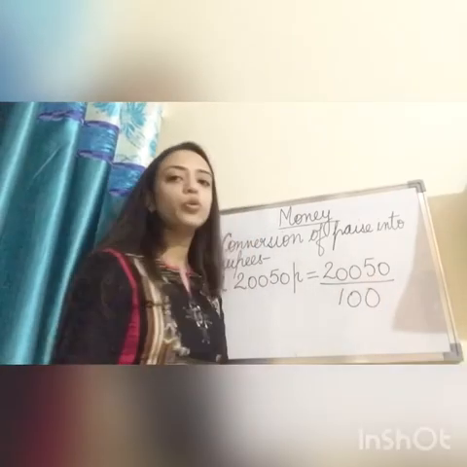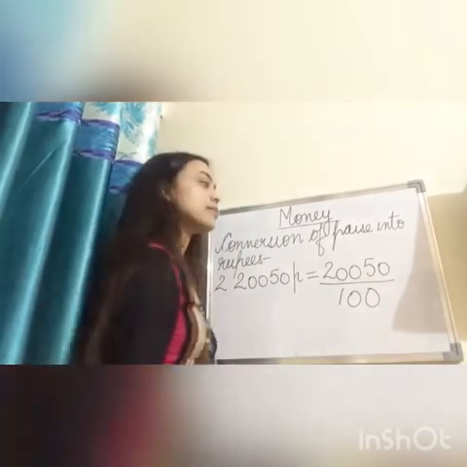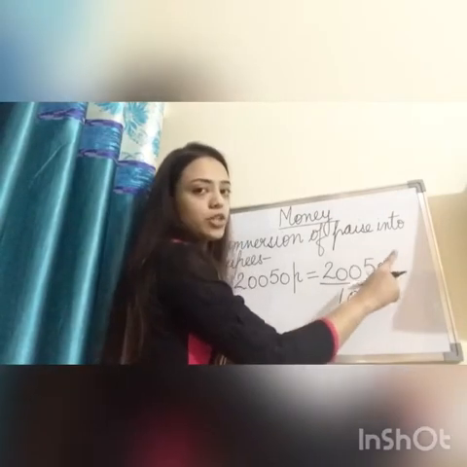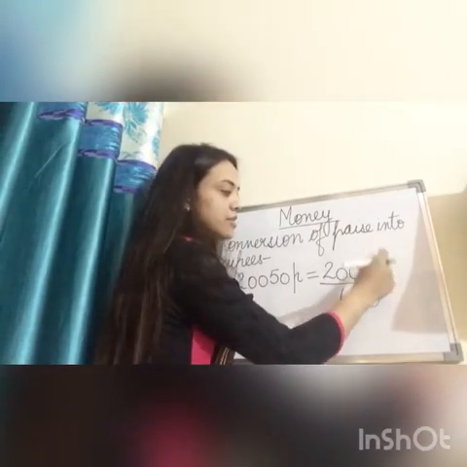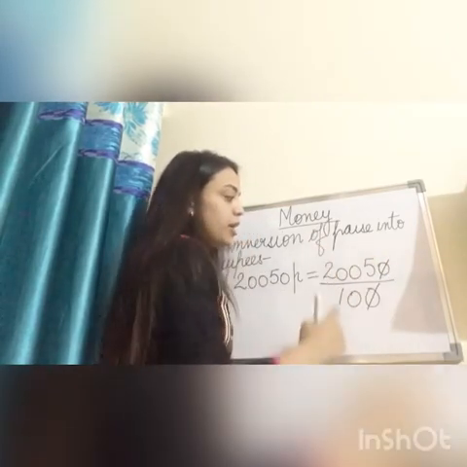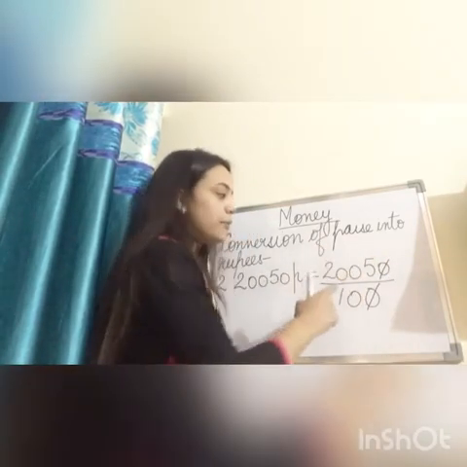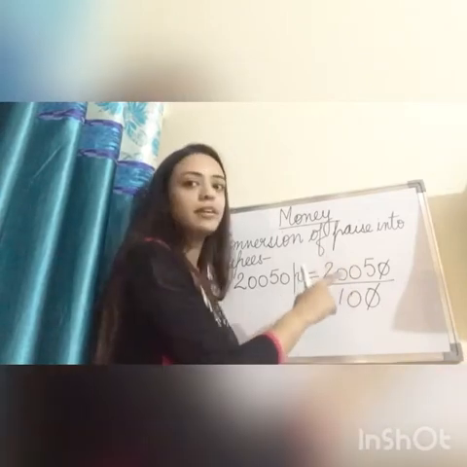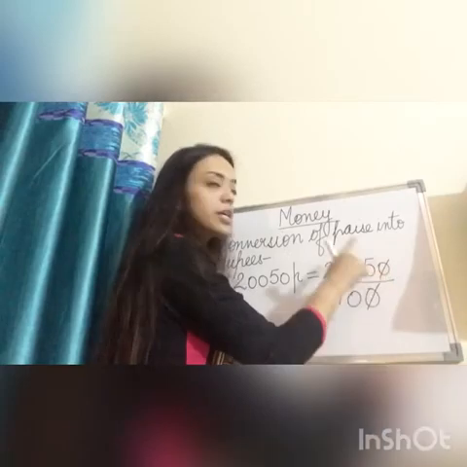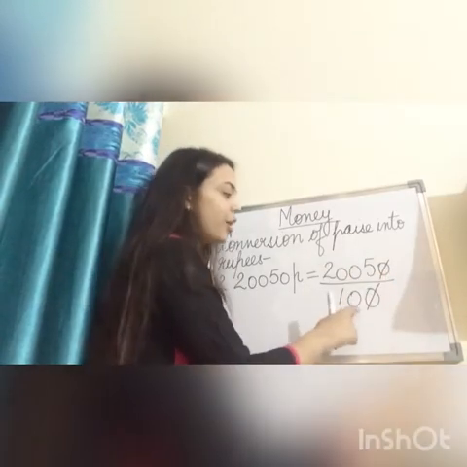Now there are two ways of getting the answer. If the 0 is there in the last digits, then we cut one 0 with one 0. Now these two zeros will not be cut because they are in the center of the number. You cut the 0 when the 0 is at the last. Now how many zeros are left?